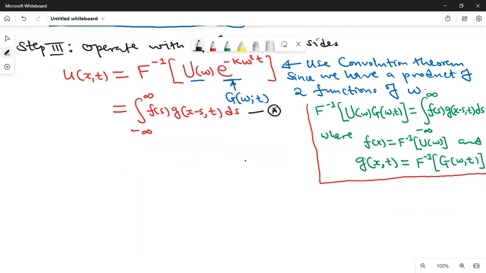Now let's find the function, the small g, as a function of x and t. Of course, we know that f of x is equal to F inverse of U of omega.